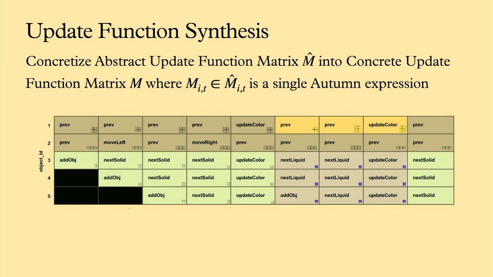There are many ways to do this concretization, a combinatorially large number of ways, and this is where an inductive bias comes in, and also where, in practice, some heuristics come in. I'm not going to talk much about the particular ways we do that; the details are in the paper. But at the moment, let's assume we've done some kind of concretization and we've got a concrete function matrix.